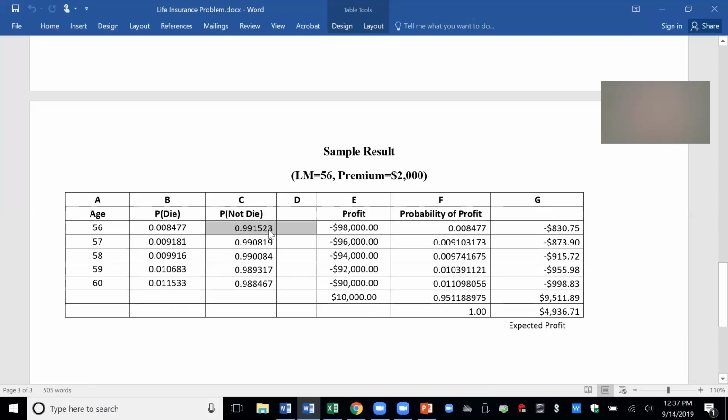You didn't die in year 1, times you didn't die in year 2, times you did die in year 3. You died in year 4. You didn't die in year 1, you didn't die in year 2, you didn't die in year 3, but you died in year 4, and so on. And then you made the 10,000, you didn't die in any of these years. So these 5 things multiplied together.